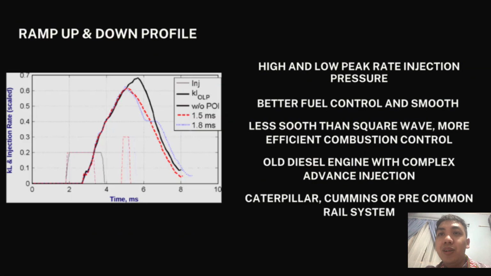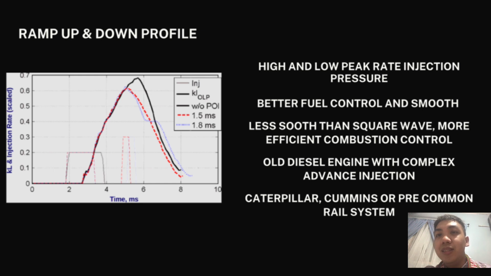Here is the ramp up and ramp down pattern. From here we can deduce that it has both high and low peak injection rates. This gives the engine better fuel control and smoothness. Sometimes it goes to a higher peak and then back down to a lower peak. It has less soot because it decreases the injection rate drastically so the engine runs smoothly.